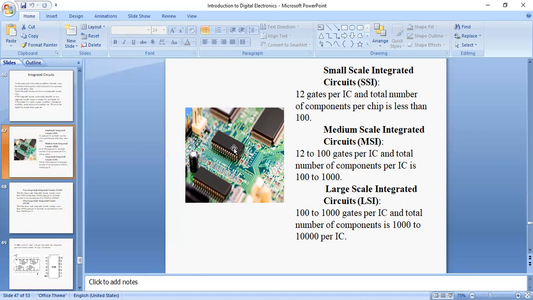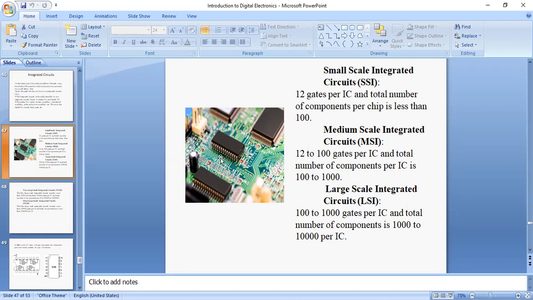Nowadays they prepare very large circuits, ultra large circuits, so we'll explain that later. First, the small scale integrated circuits. They consist of 12 gates per IC, and the total number of components per chip is less than 100. If we take a 2 input AND gate, it requires 3 pins. These 3 pins are used for one gate and the next 3 pins for another gate.